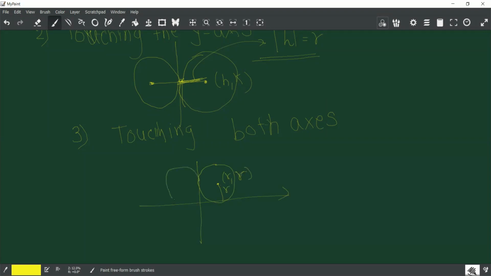If it is in the second quadrant, minus r comma r is the center, radius is r again. In this one, minus r comma minus r, radius is r again. Then r comma minus r, radius is r again. So you know all four quadrants.